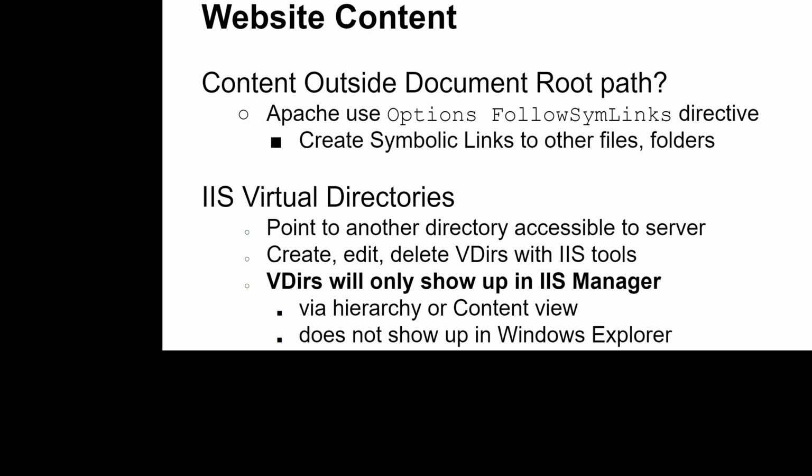In Apache, you're going to use the Options FollowSymLinks directive. You should remember from the Linux classes that we can create symbolic links to other files and folders elsewhere in the file system, and those symbolic links act as if they were the real files or directories in the location where you create them.